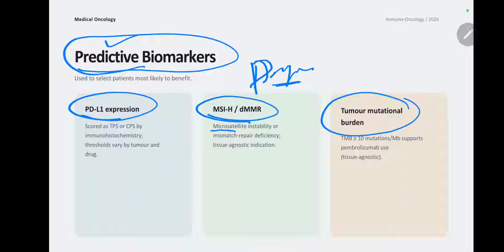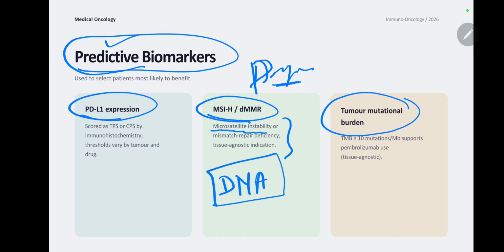MSI is called microsatellite instability. This is in the nucleus, in the DNA. If the microsatellite instability, the MSI, is high, it means the mutations are more. So it is called tumor mutation burden high when there are 10 mutations per megabase. So when the DNA shows high MSI, that creates more somatic mutations.